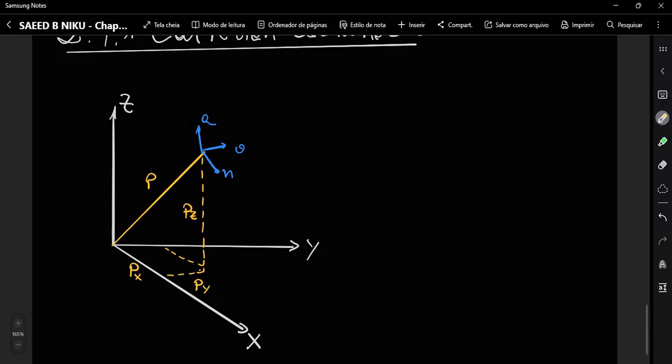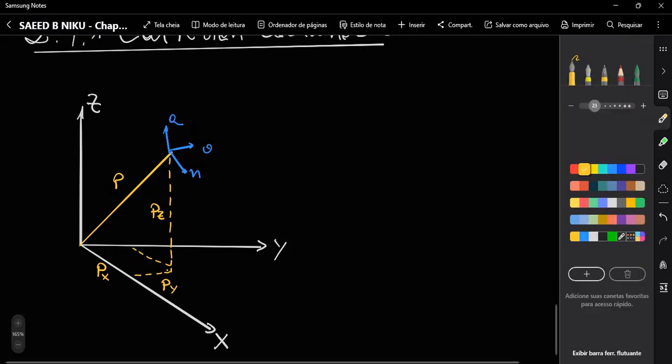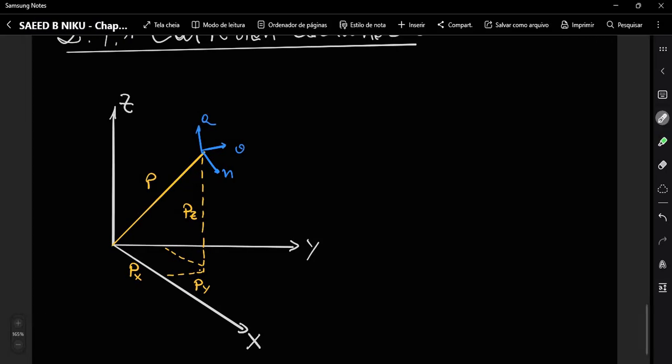And right here, we do not have a rotation. And the matrix that represents the transformation of this motion for the point P is a matrix of simple translation. And let me write this matrix.